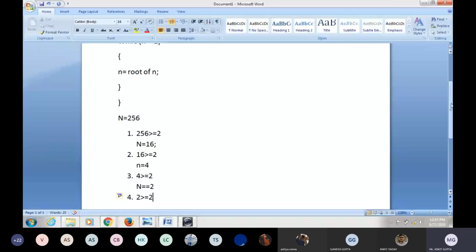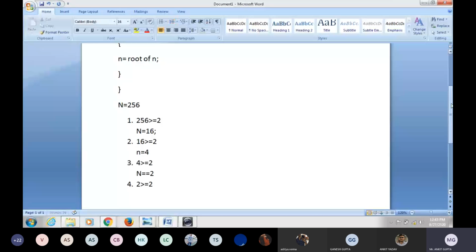Condition true. n is root of 2, 1.414, something like that. So in the fifth step, the condition is false. So basically only the fourth step will come. Only 4 times the loop will go on if I take the value of n as 256.